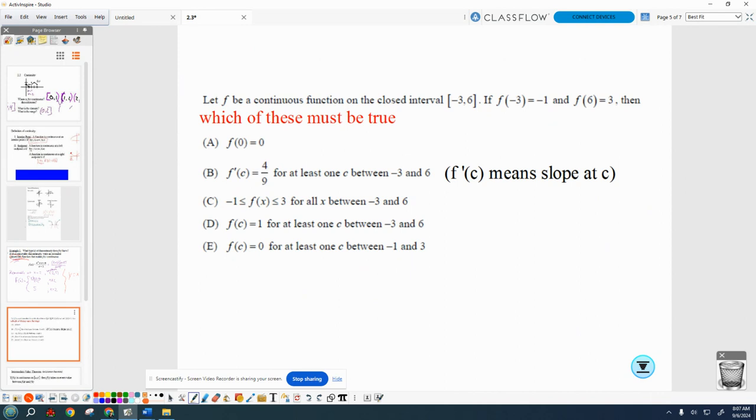To expose you to what multiple choice is like in calculus. Think about it, talk it over with the person next to you. This is tricky.